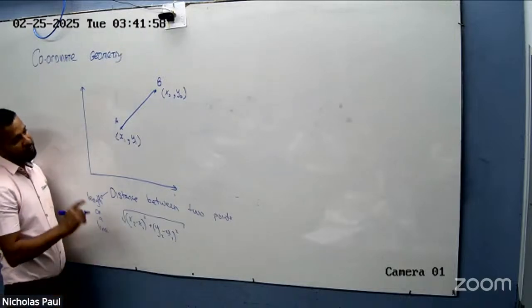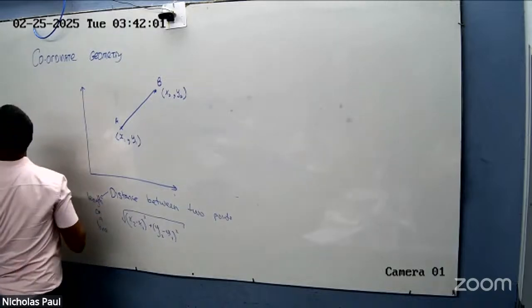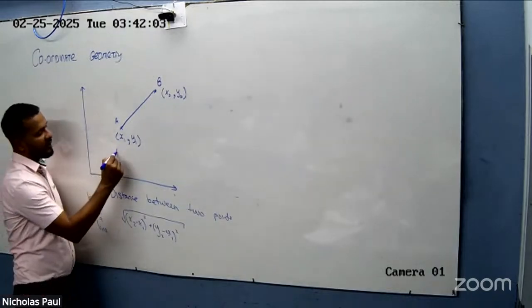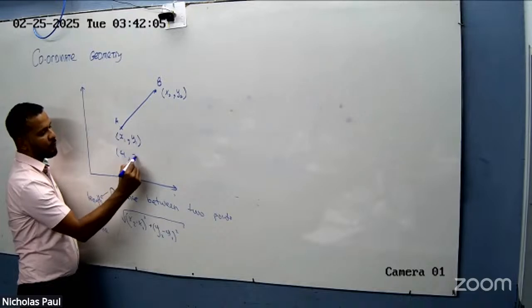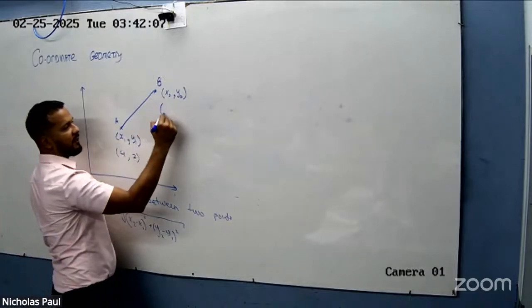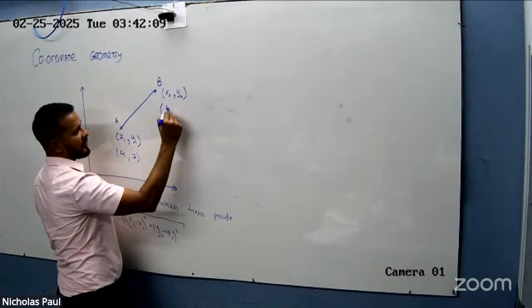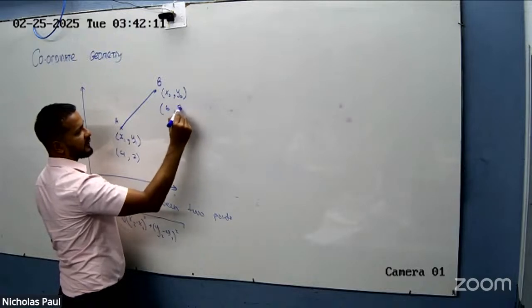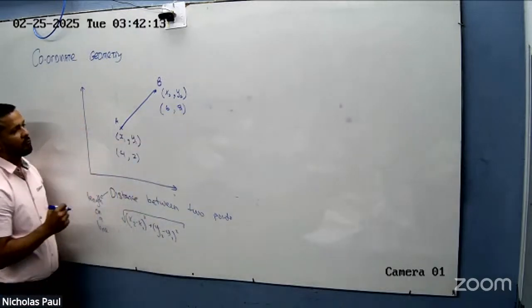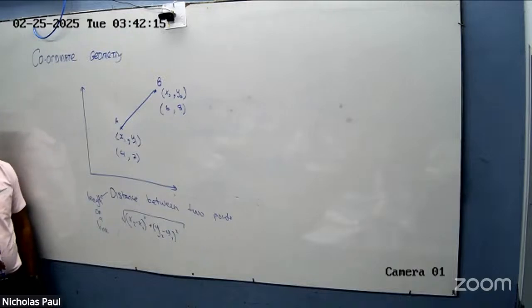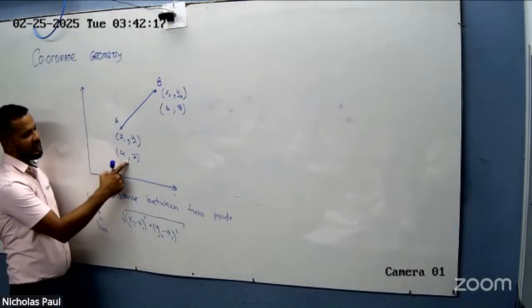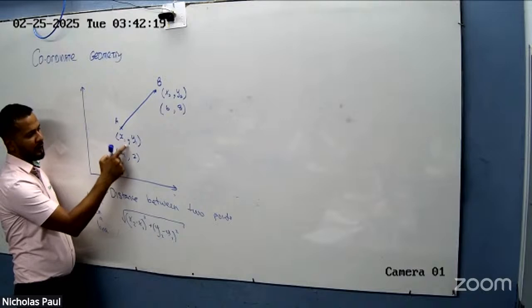For every single question, we will use these values here, right? Let's pretend this value is 4,2 and let's use this value here as 6,8. Okay? So we're using A as 4,2, which is also x1 and y1.